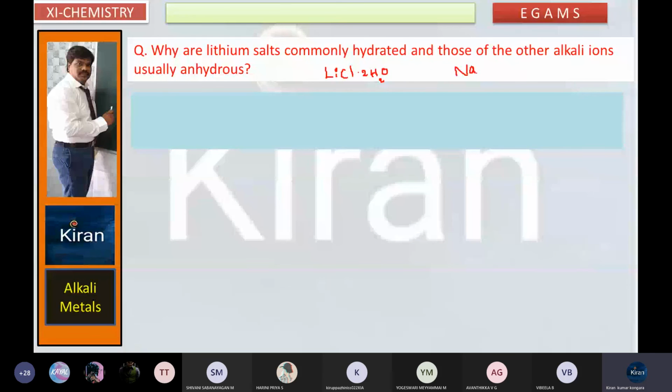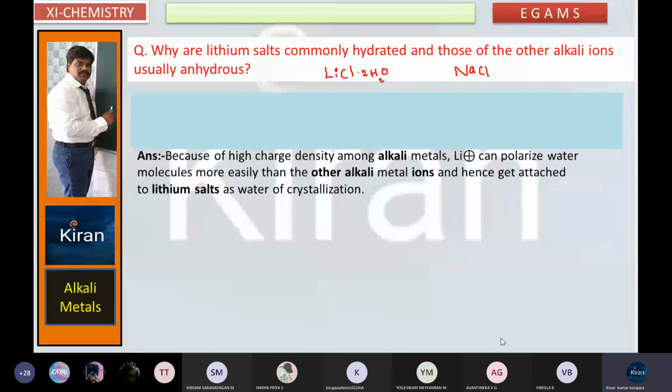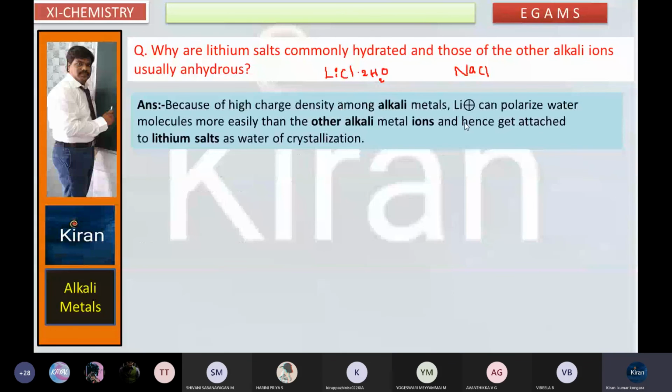What is the reason behind this? Because of its high charge density among alkali metals, the lithium cation can polarize water molecules more easily than other alkali metal ions and hence gets attached to lithium salts as water of crystallization.